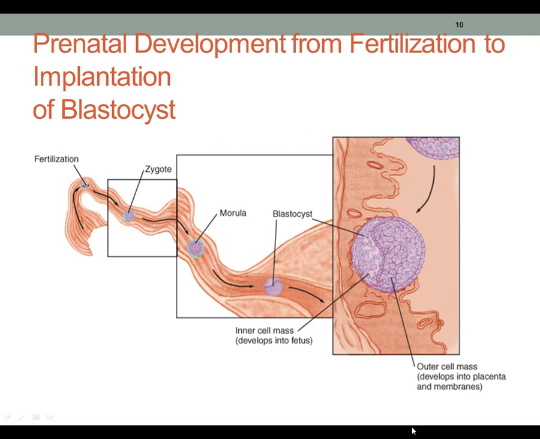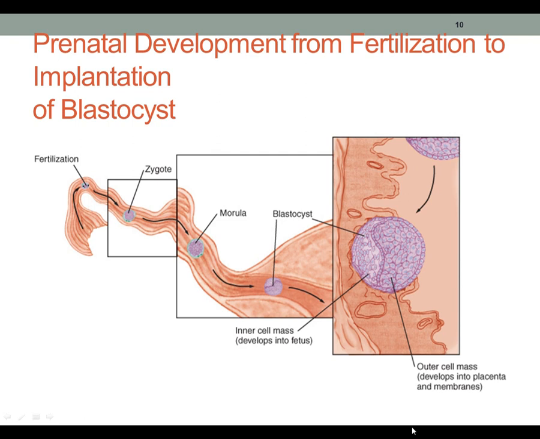So by day 10, the fertilized egg should be fully implanted into the uterine wall. And this is about 10 days. So by now, the female is expecting her next menstrual cycle to begin, her period to begin.